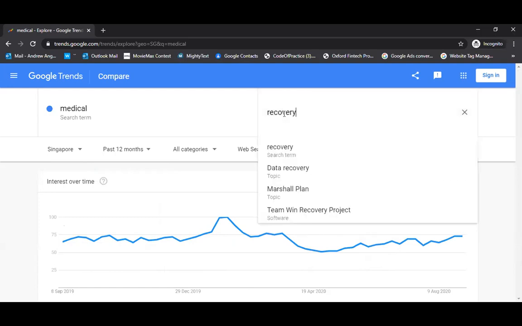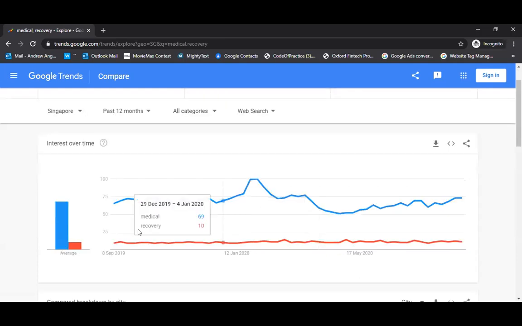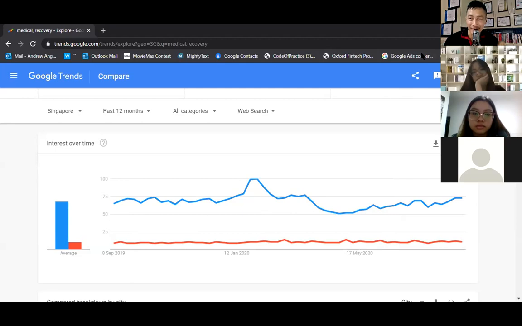As a keyword, you can see that more people search for medical than recovery. So you might not want to buy recovery.com.sg. You might want to buy medical.com.sg. Why? Because people don't search recovery as much as medical. Do you all get it? Do you all understand what I'm saying?